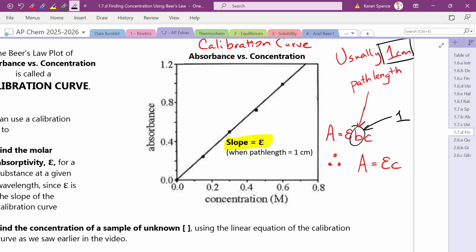So for this graph, we have y equals mx. Does that make sense? Okay, cool. So if they're like, here's a calibration curve, please tell us the molar absorptivity, you can just figure out the slope of the graph, and Bob's your uncle.